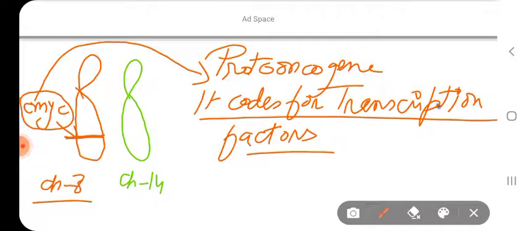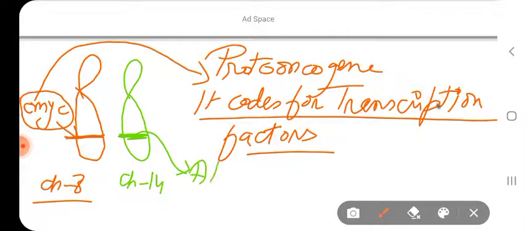And let us see, from this chromosome number 8, the CMYC gene is going to be shifted to the region of chromosome number 14. In which region of chromosome number 14 is the CMYC gene going to be shifted? In this region where it codes for the heavy chain genes of antibody.